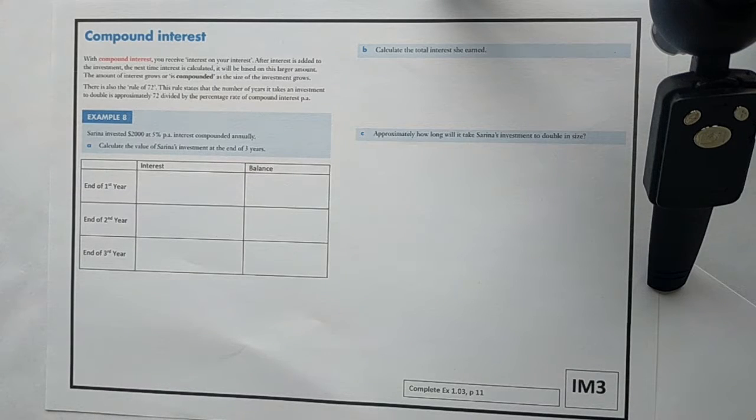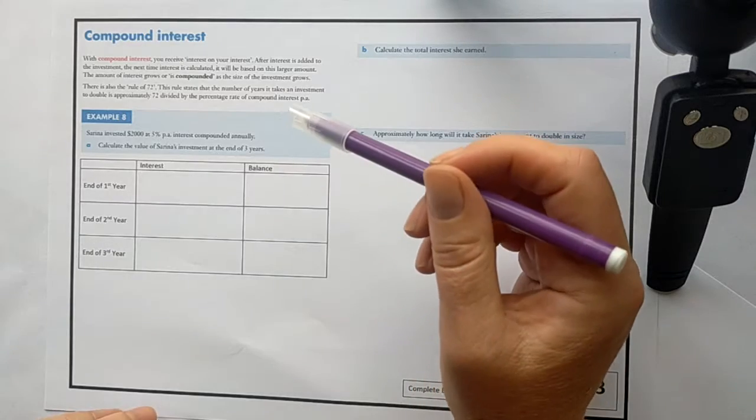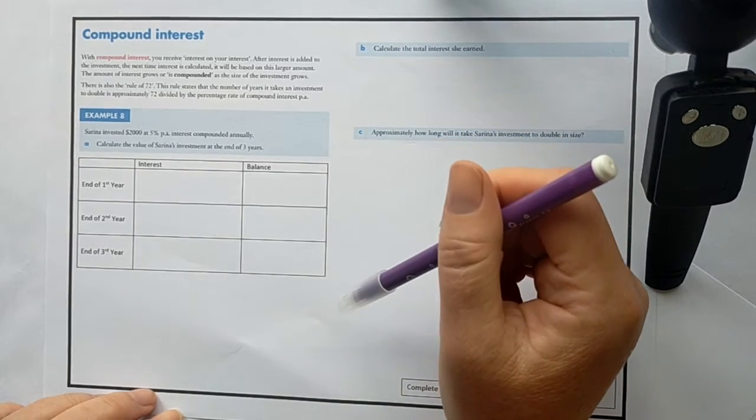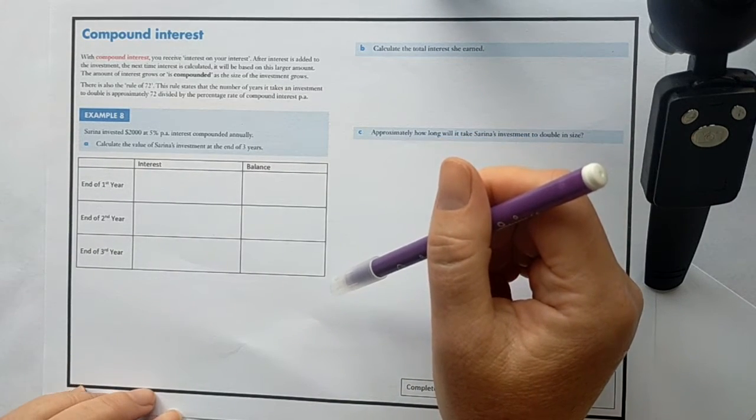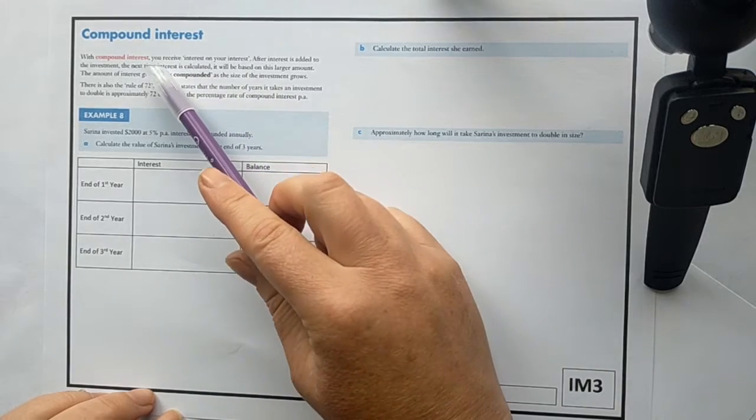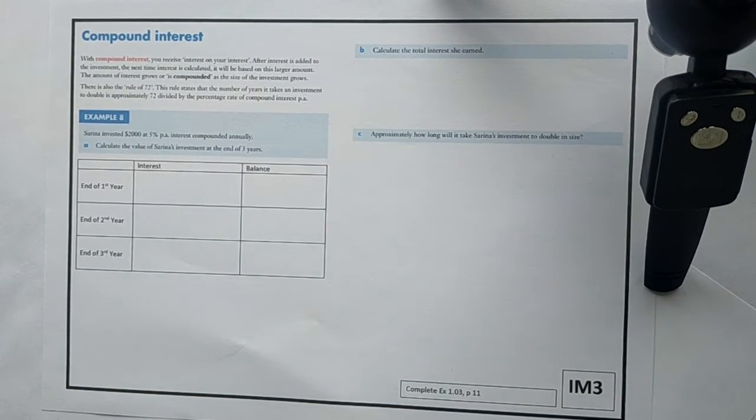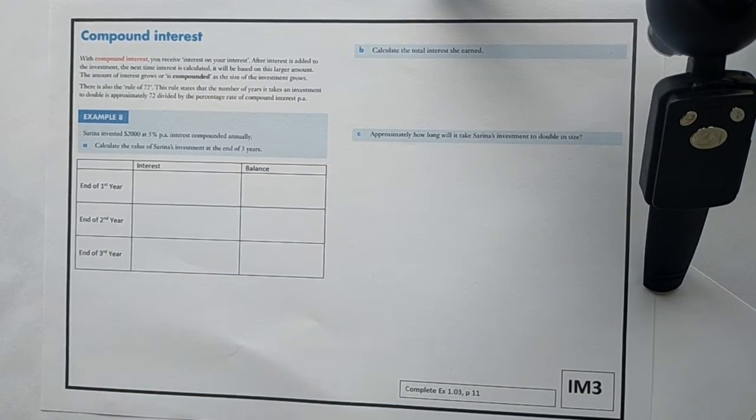This lesson we're looking at compound interest, but we're looking at it using the simple interest method that we used yesterday. So with compound interest, you receive interest on your interest.